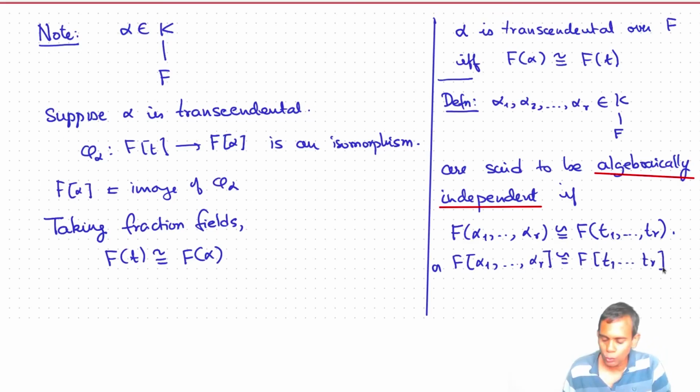So we're saying that there are no algebraic relations between the elements alpha 1, alpha 2 and alpha r over F.